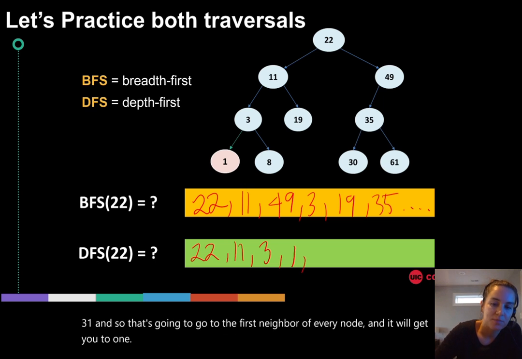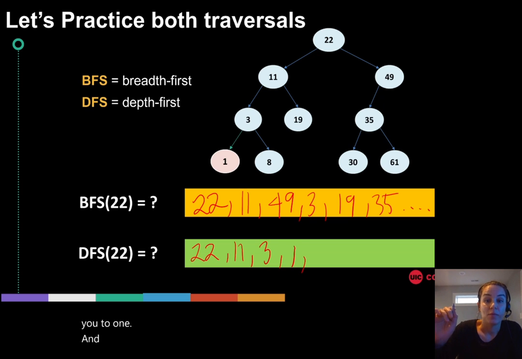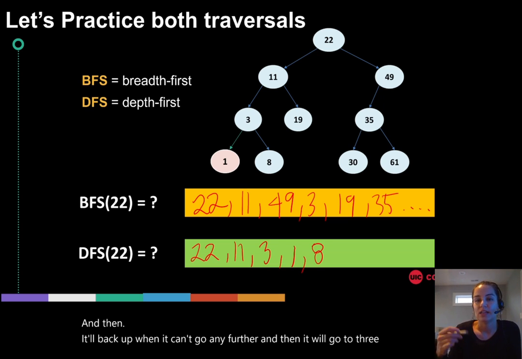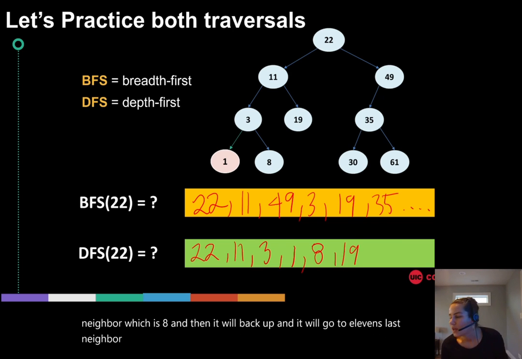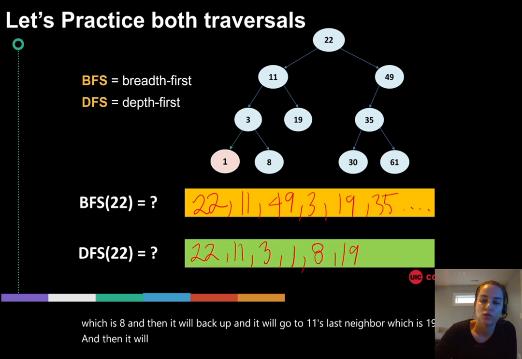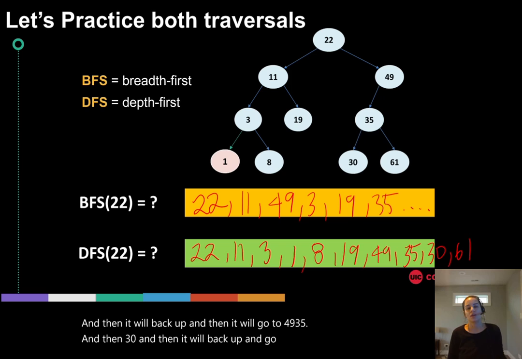And then it'll back up when it can't go any further, and then it will go to 3's last neighbor, which is 8. And then it will back up, and it will go to 11's last neighbor, which is 19. And then it will back up, and then it will go to 49, 35, and then 30, and then it will back up and go to 61.